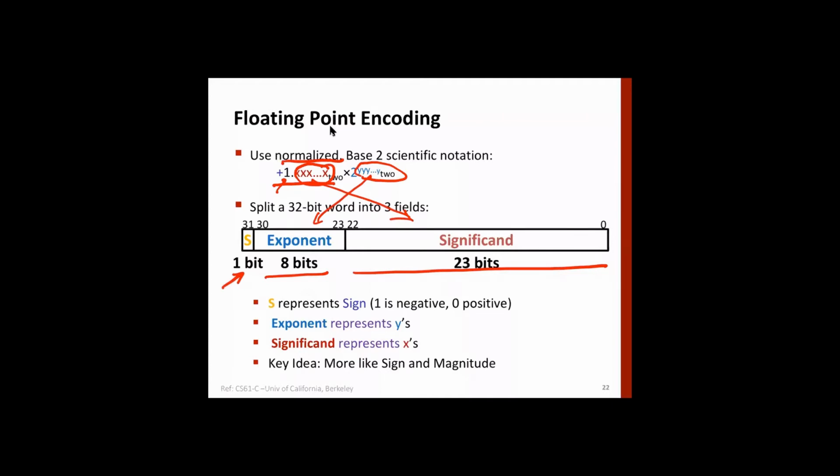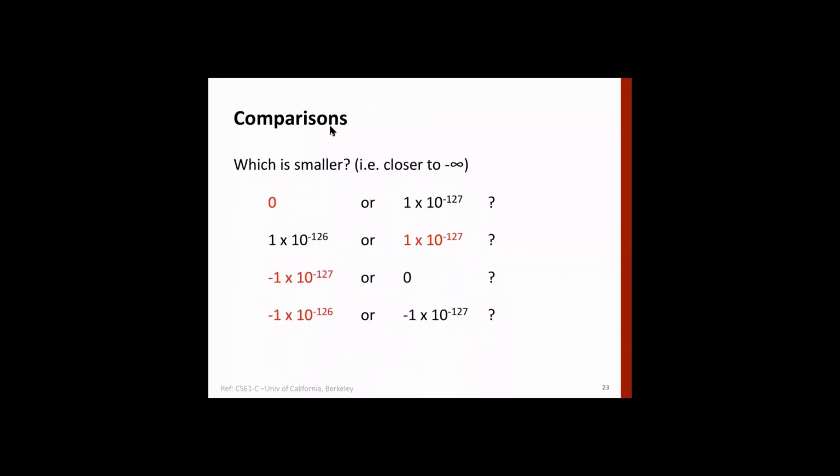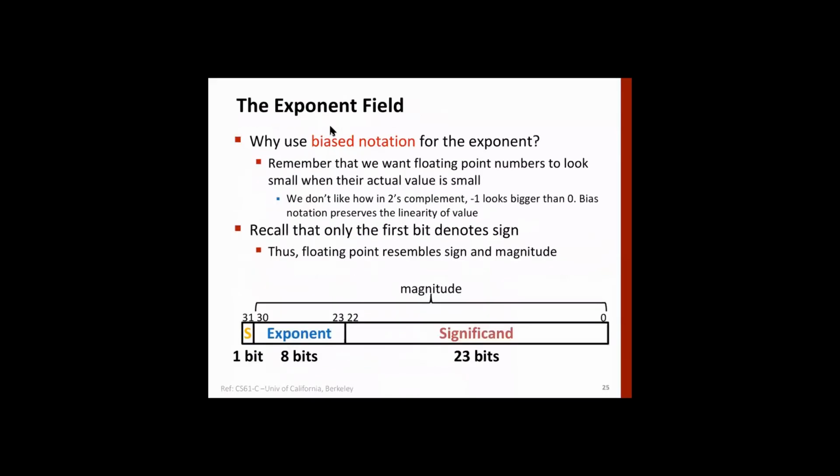We put all those bits here. So we use bias notation, and the bias is 127.